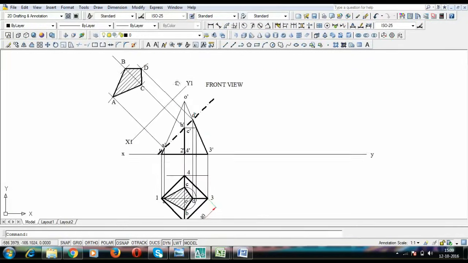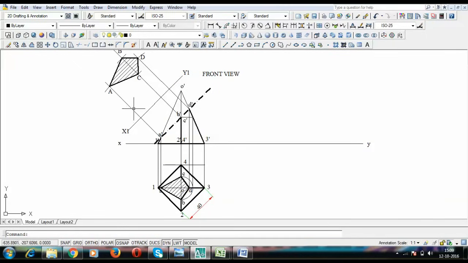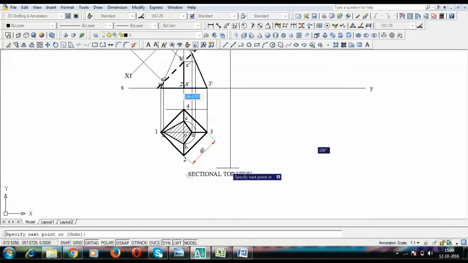The next thing to do is to create its sectional side view, and we are going to look at it from here, right from here. In order to create this sectional side view, I'm going to draw an absolutely vertical line from here.